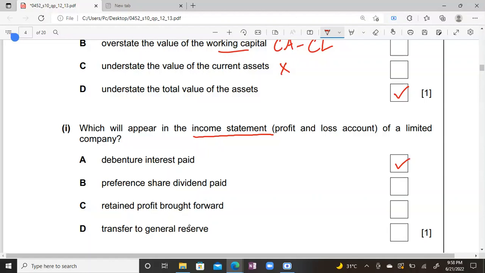Retained profit brought forward and transfer to general reserve, and preference share dividends depending on the type, are in the statement of changes in equity.